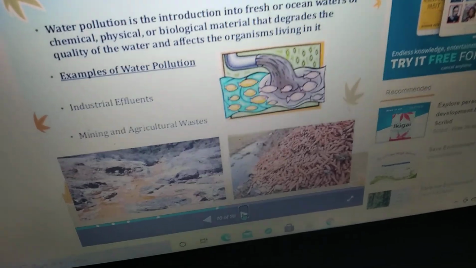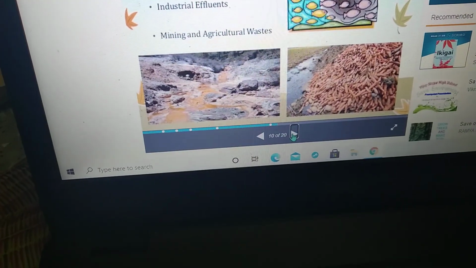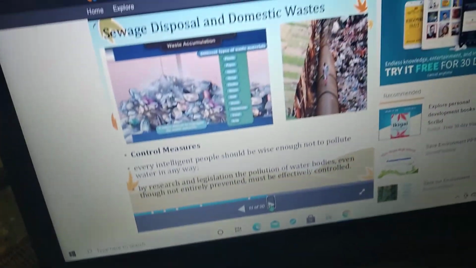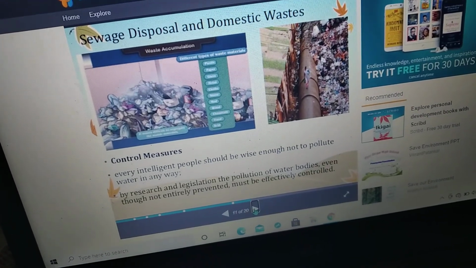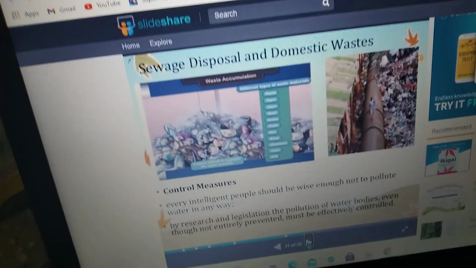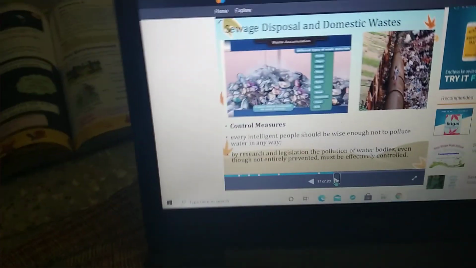We are getting industrial effluents and some mining and agricultural waste. These are nothing but water pollution. And in some villages, see here, sewage disposal and domestic waste is also one of the causes. Throwing trash and plastic bags in drains can block them. Understood? And burning wood and trees also pollutes the air.